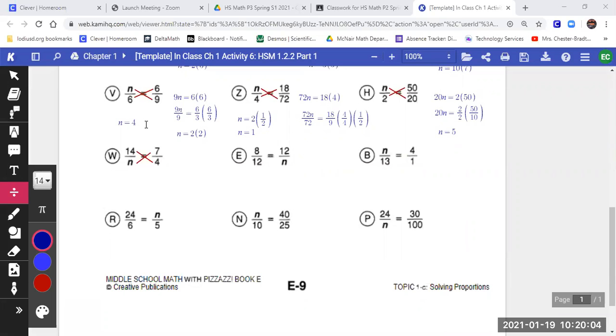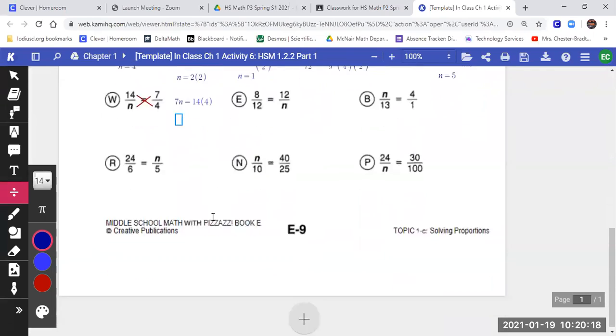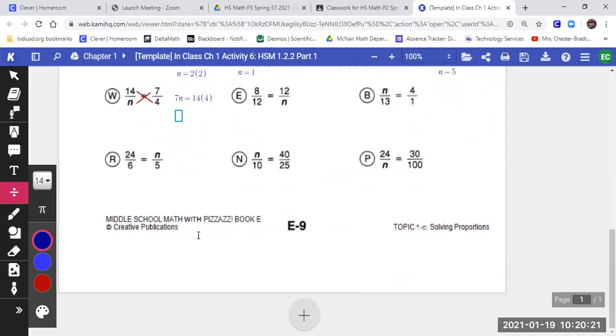Okay, so my 7n is going to equal my 14 times my 4. Okay, what's my next row going to say?